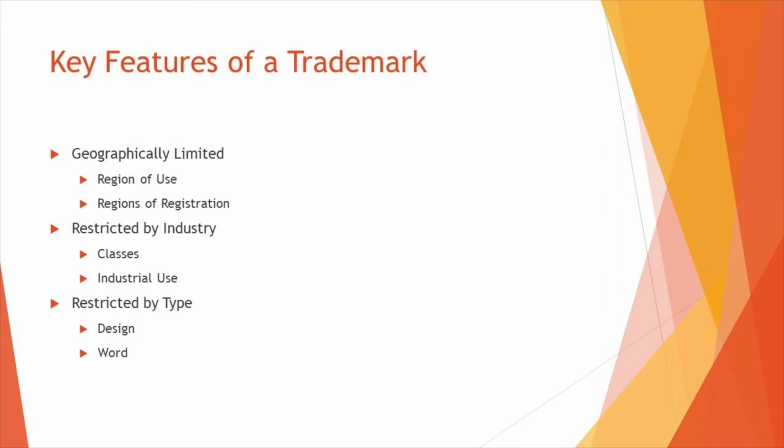And a trademark will only be granted in a specific class or in a series of classes, and the restrictions of the trademark will only prevent others from using the trademark or using a substantially similar mark within the same industries that it's protected.